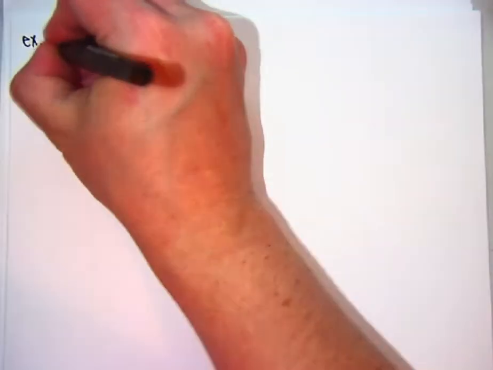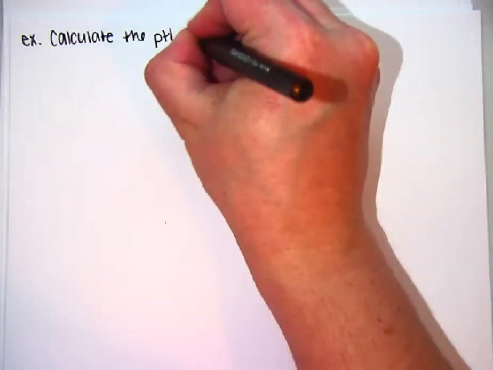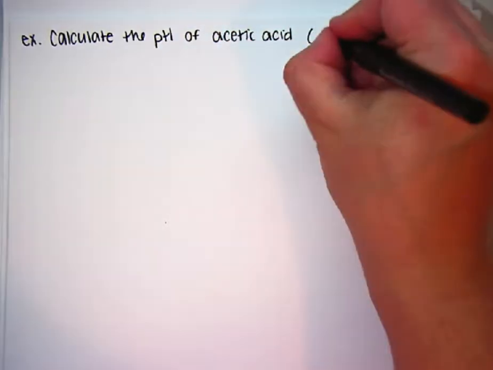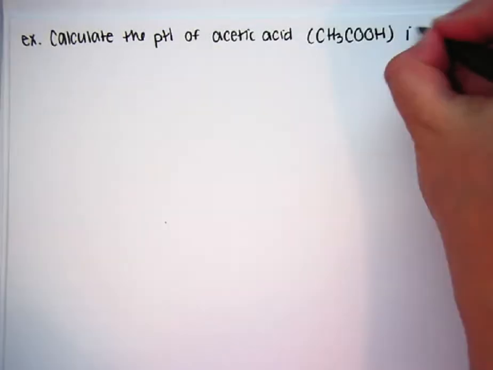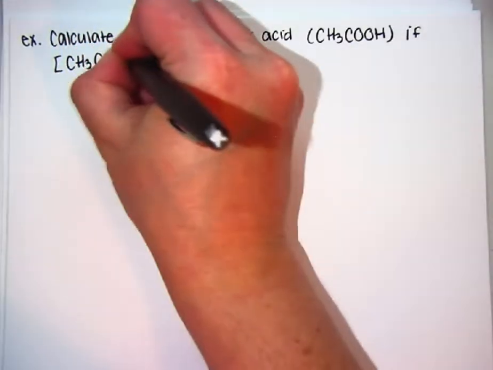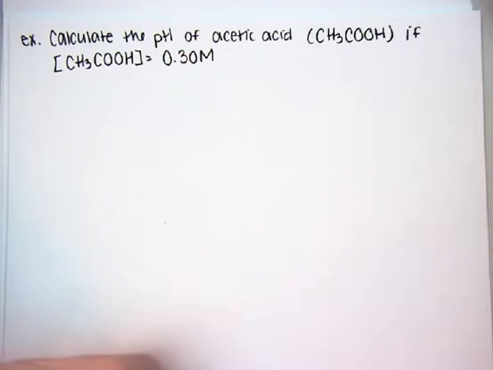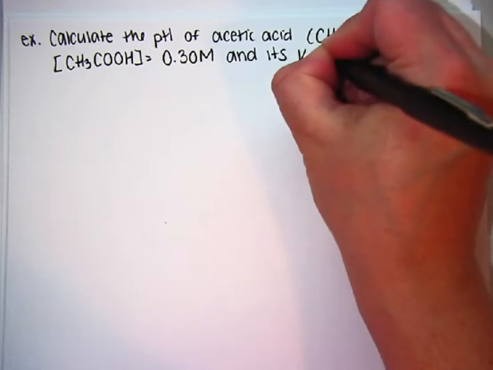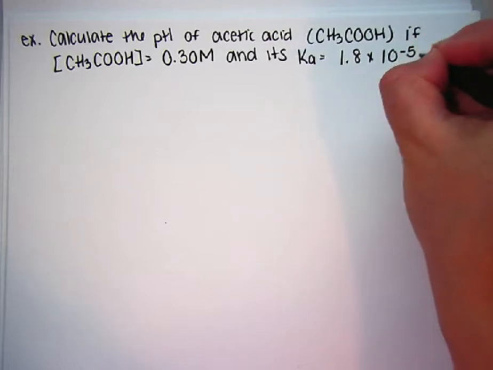Let's say you were asked to calculate the pH of acetic acid if its concentration is equal to 0.30 molar and its Ka is 1.8 times 10 to the negative fifth.